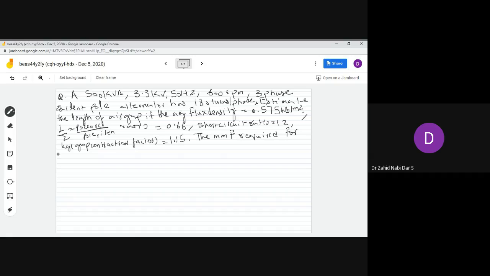The mmf required for the air gap is 82% of the no load mmf, and the Kw value is given here. If it is not given, you take it as 0.955.